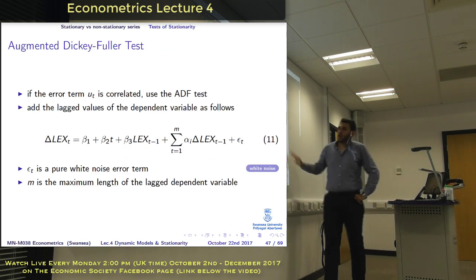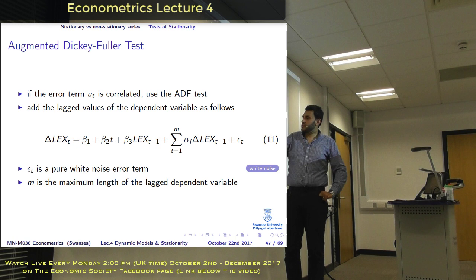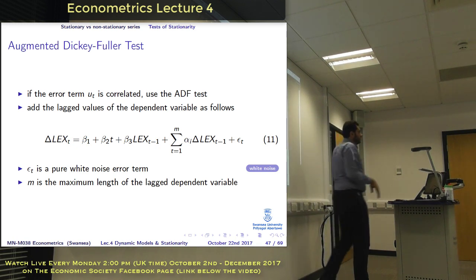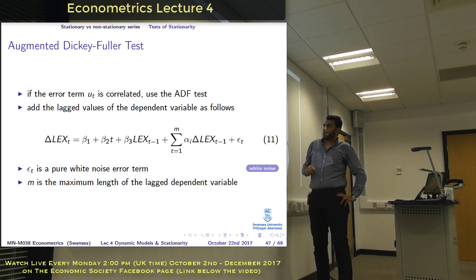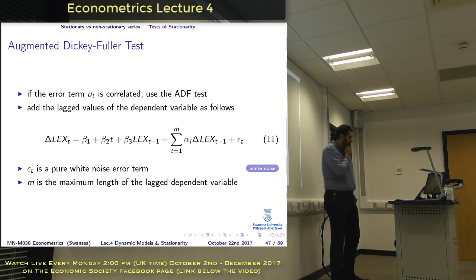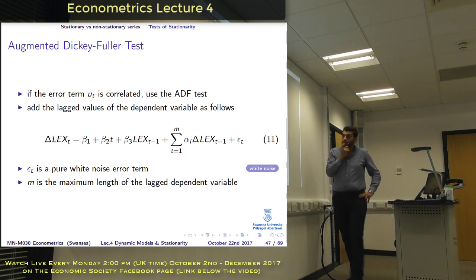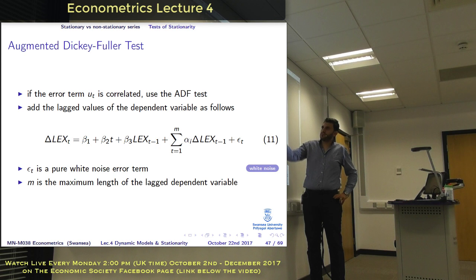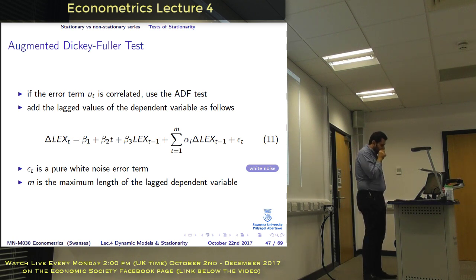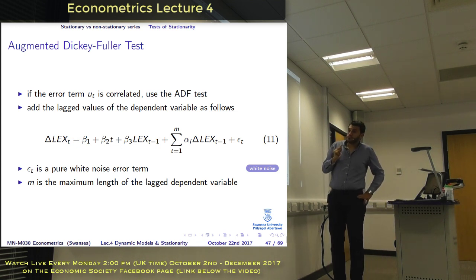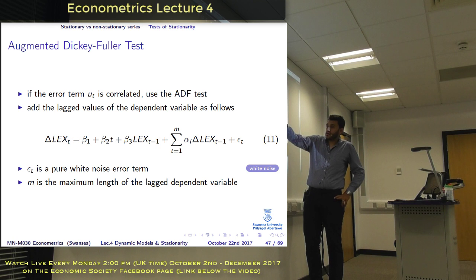So what we have here is exactly the same equation: the constant, the time trend, the lagged value of the dependent variable at time t-1, and also the sum of the differences from 1 to m of the dependent variable at t-1. Now the m here is the maximum lag, the maximum length of the lagged dependent variable.